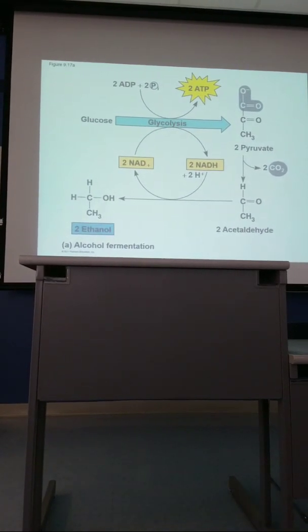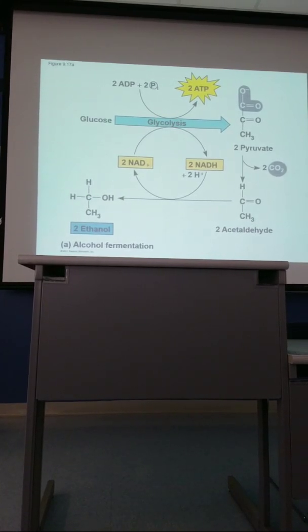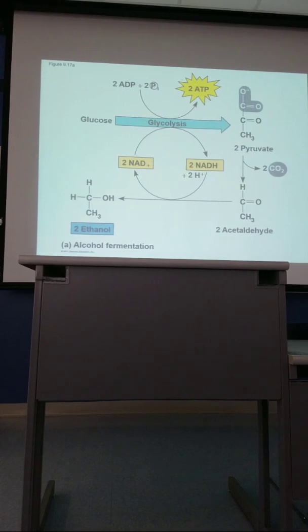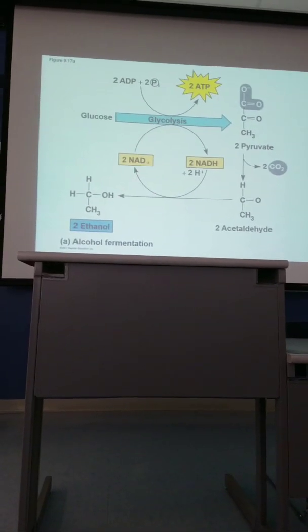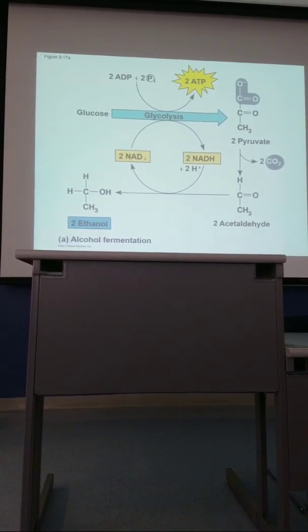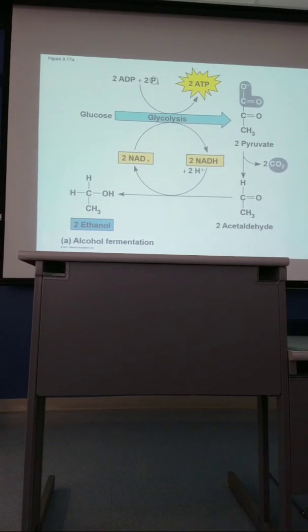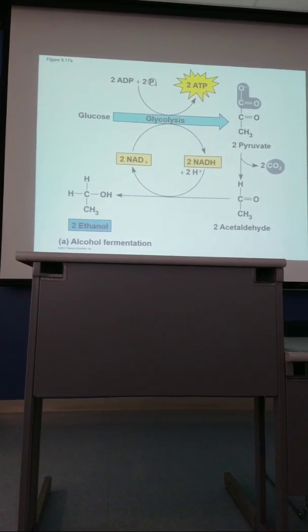Like the hydrogen over on the right, when it's coming out of the pyruvate and it releases the carbon dioxide, it's all coming out of the NADH. Notice how it's going in this direction. It comes around. That's what we're just trying to say.